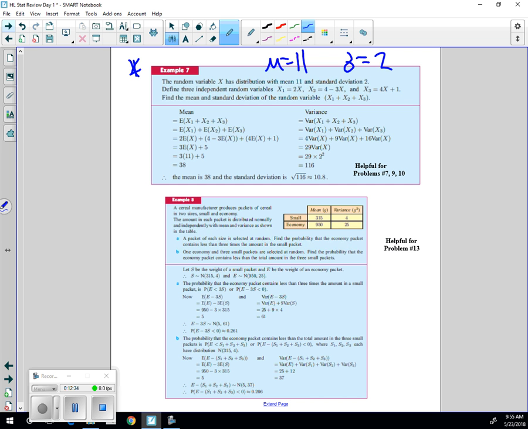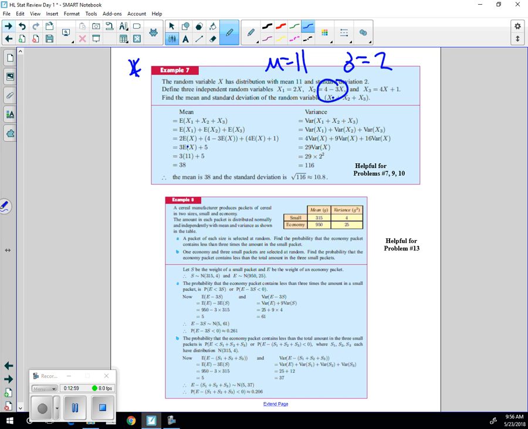But what you have to do, though, is see, okay, for this 2x, that's going to be 2 E of x. It's going to be 4 variance of x. For this 4 minus 3x, it's just going to be 4 minus 3 E of x. The variance is going to be 0 plus 9. And not negative. We never have negatives here because it's squared. 9 variance of x.